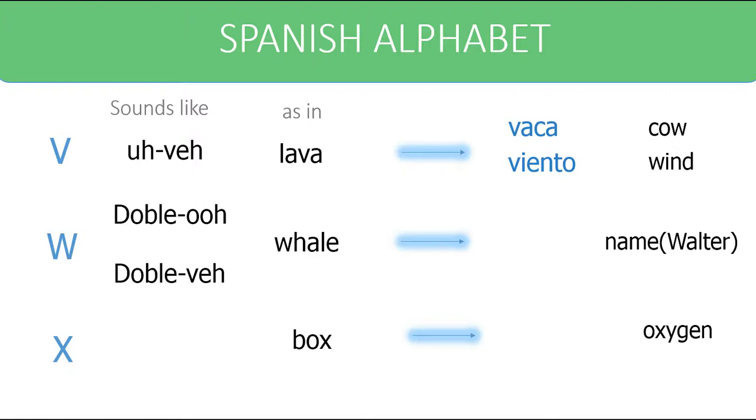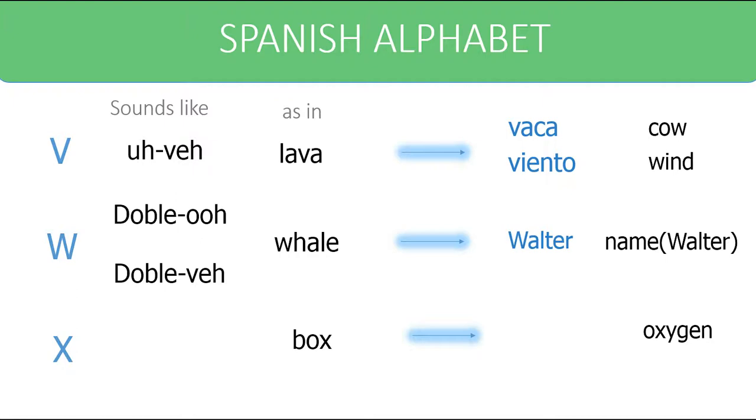It sounds similar to the one in "well." An example will be the word "Walter," which is a name. The letter W in Spanish is not so common. It is mostly used for foreign words or names. So don't worry too much about this one because it sounds very similar to the one in English.